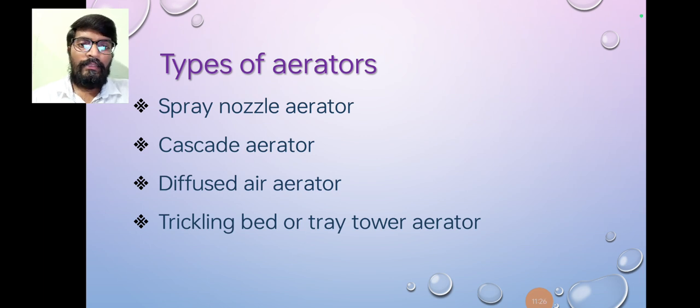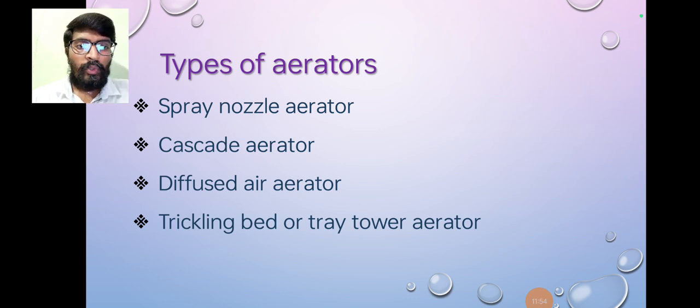The next one is the trickling bed or tray tower aerator. In this trickling bed, we use a coke bed. When the water flows freely from the tower aerator, it goes through the coke bed. That's why dissolved gases, iron, manganese and hydrogen sulfide are removed.